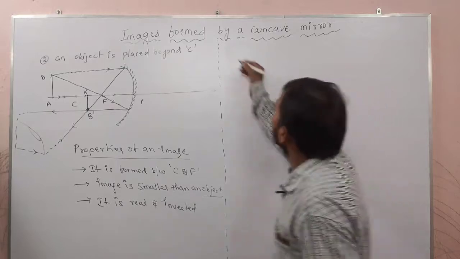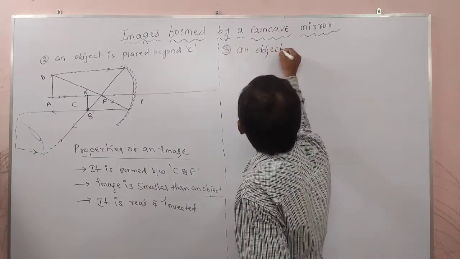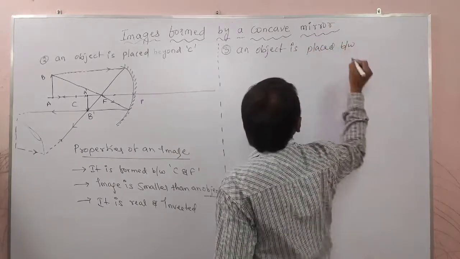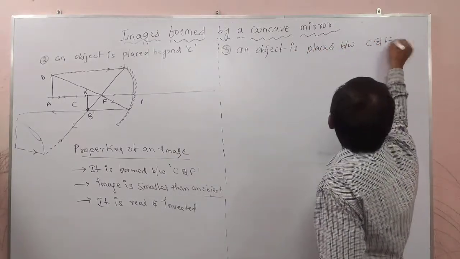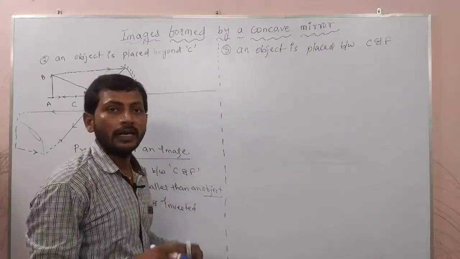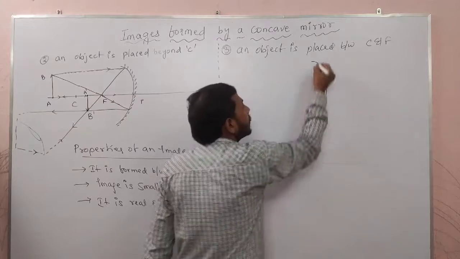Now I am going to take the third one, an object placed between C and F. So quickly, let's try to complete the diagram. This is the spherical surface.